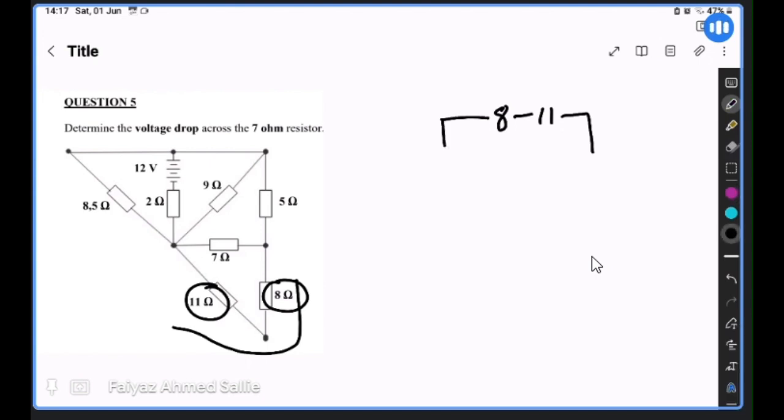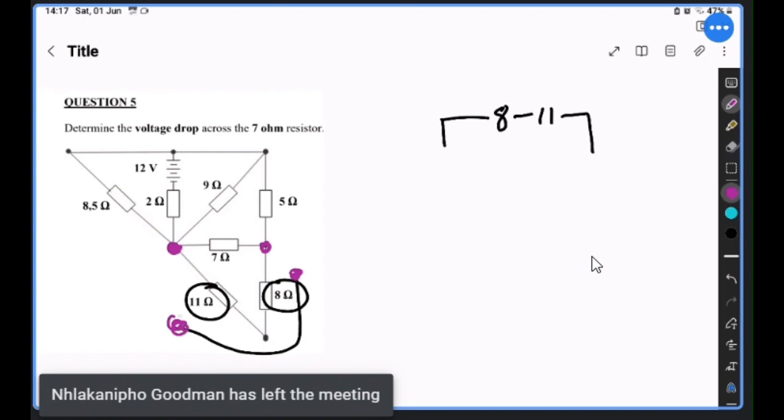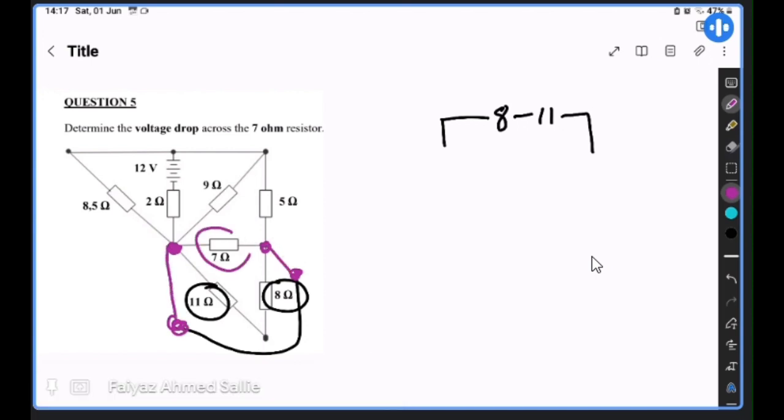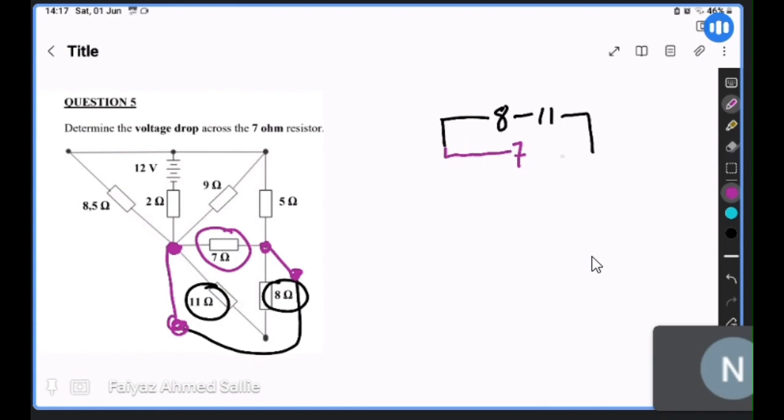After drawing 8 and 11, we see that between these 2 points there's a 7 ohms, right? But it's parallel, so we're going to draw 7 here between 8 and 11.